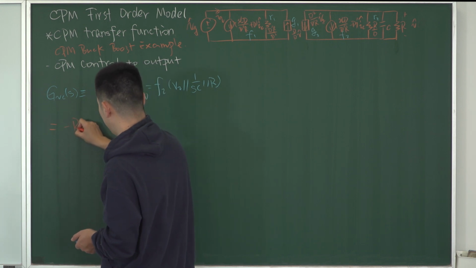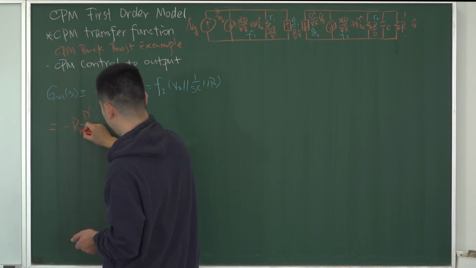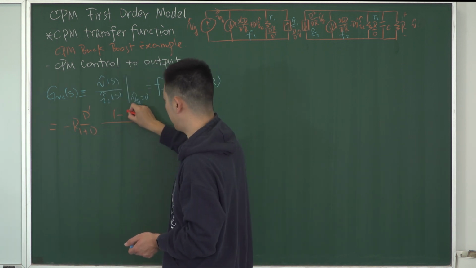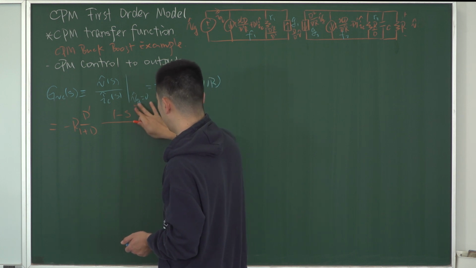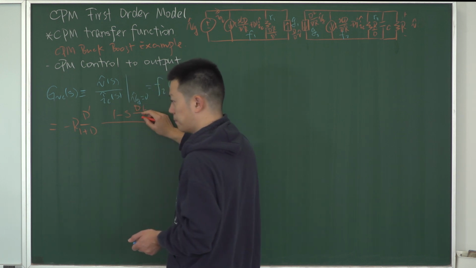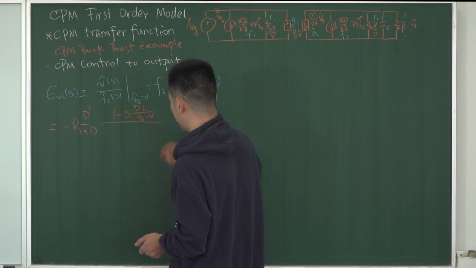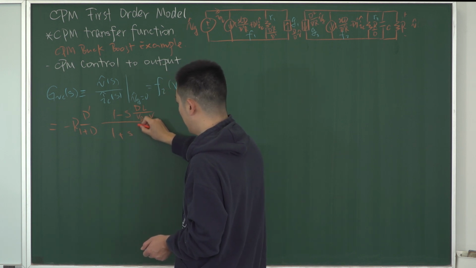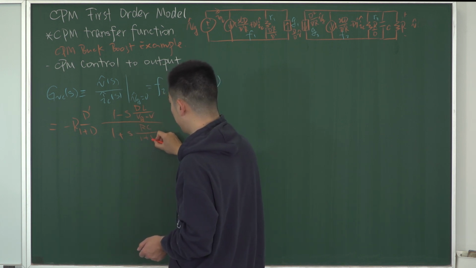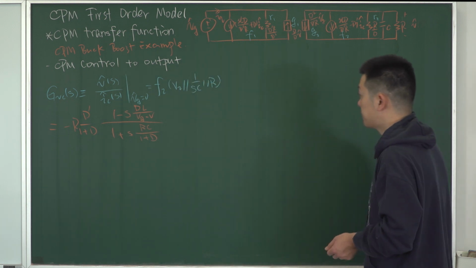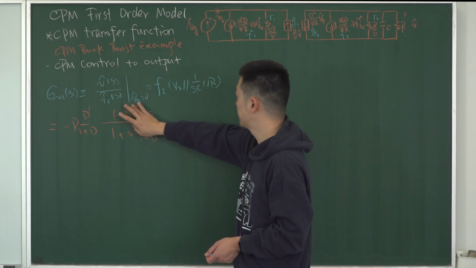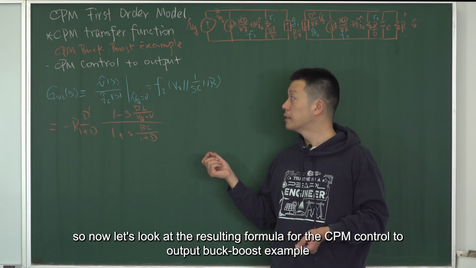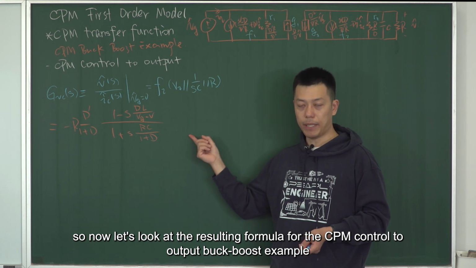Here it is minus 1 over the fraction of D prime over 1 plus D, times the fraction of 1 minus s times DL over input voltage minus output voltage, divided by 1 plus s times RC over 1 plus D. Now let's look at the resulting formula for the CPM control to output buck boost example.